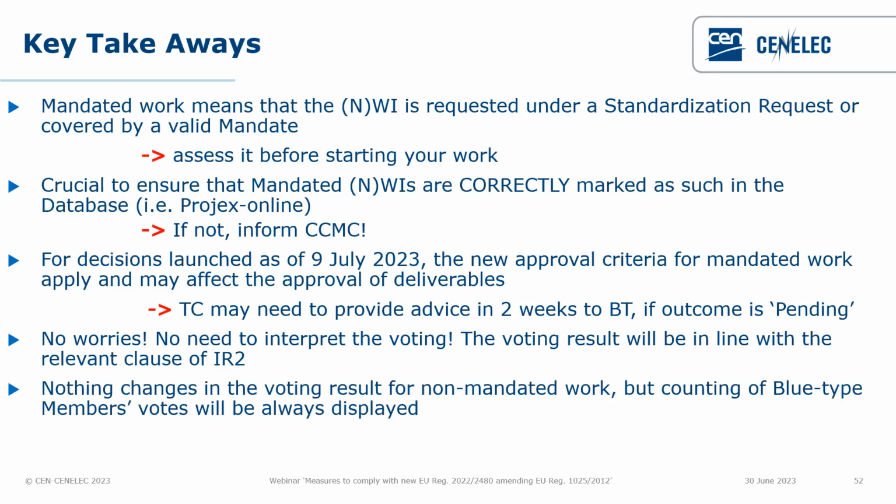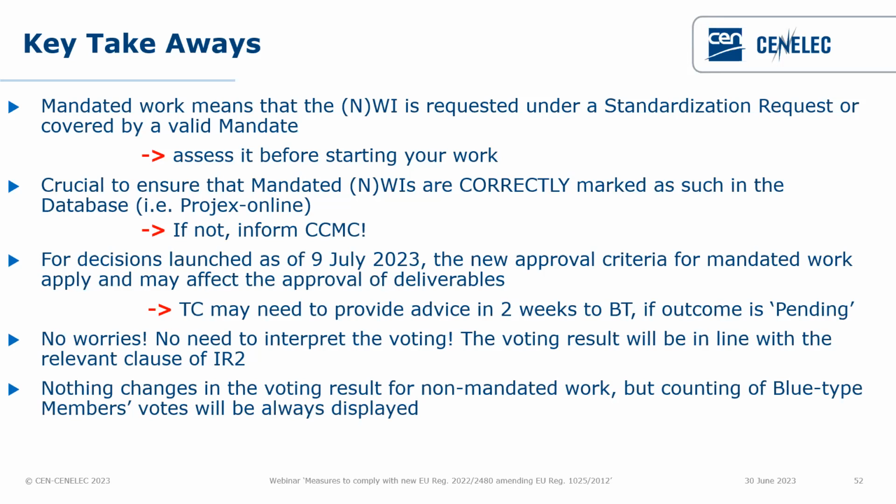Noting changes in the voting results for non-mandated work: the approval criteria do not change, but the counting of blue tie members will always be displayed also for non-mandated work. So this is what has been explained before.